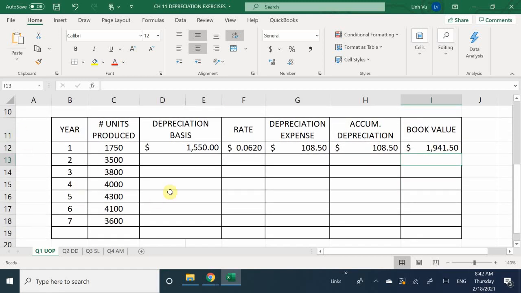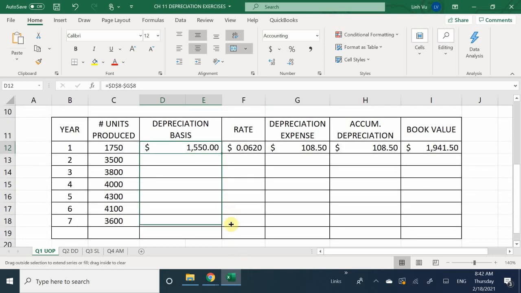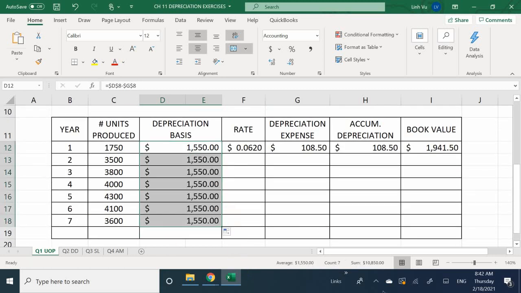All right. So year number 2. What is the depreciation basis going to be? Same. It's going to be the same throughout, so I can go ahead and safely apply it all the way down. What about my rate? Same.